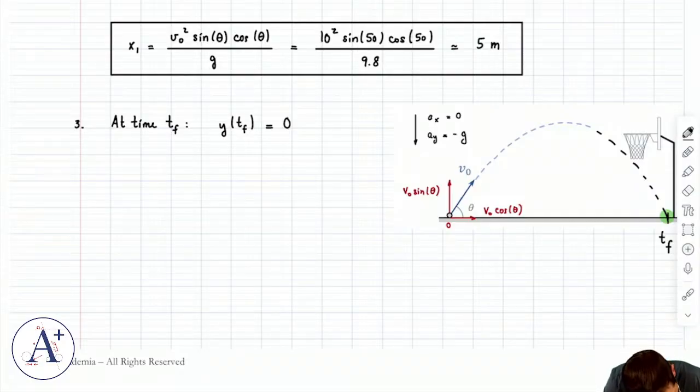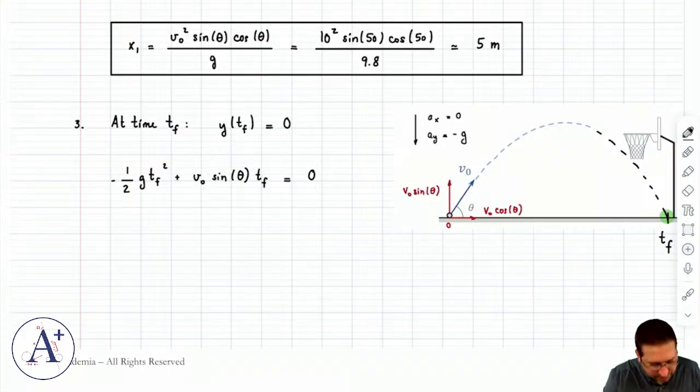So that means I need minus 1/2 g T final squared plus v naught sine theta T final to be equal to 0. That's the same statement as y of T final is equal to 0.